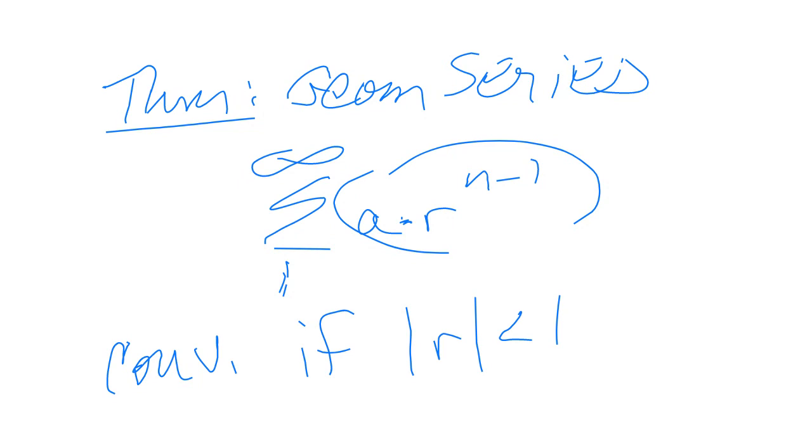So if we have sigma 1 to infinity of a times r to the n minus 1 power, where a is some specific number, basically this is just a series where each successive term, you're multiplying by the ratio r to get to the next term. But anyway, this converges if the absolute value of r is less than 1, and it diverges if the absolute value of r is greater than or equal to 1.